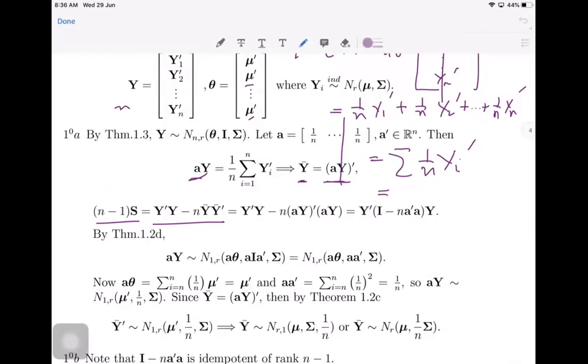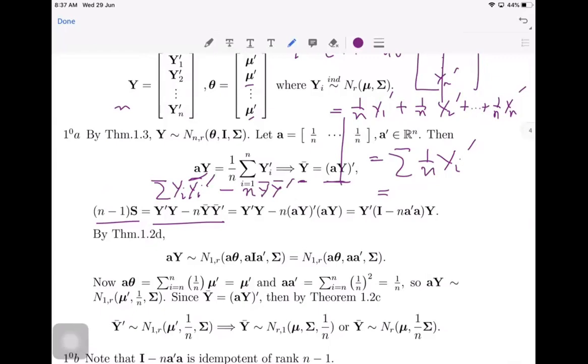This is how it looks above: summation of y_i prime, then minus y bar prime.